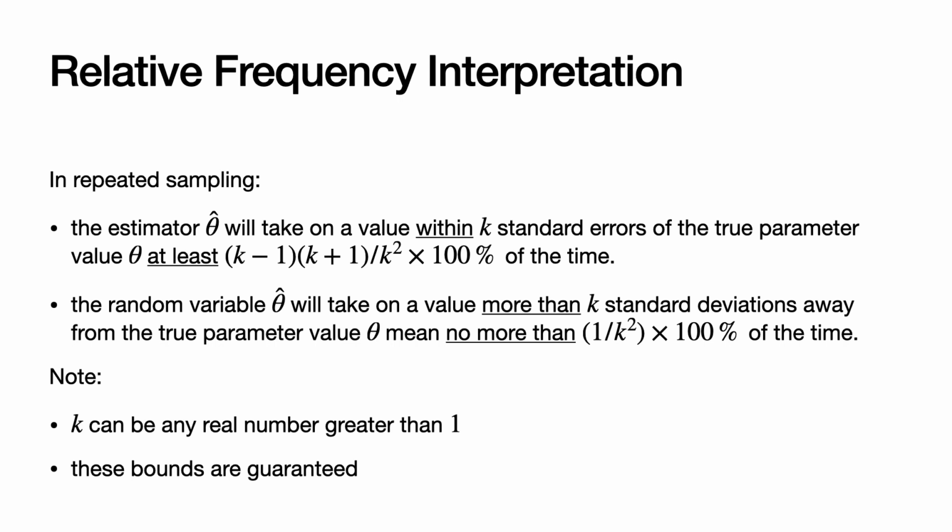The complement says that the random variable theta hat will take on a value more than k standard errors away from the parameter value of theta no more than 1 over k squared times 100% of the time. Now again, note that k can be any real number greater than 1, and these bounds are guaranteed.